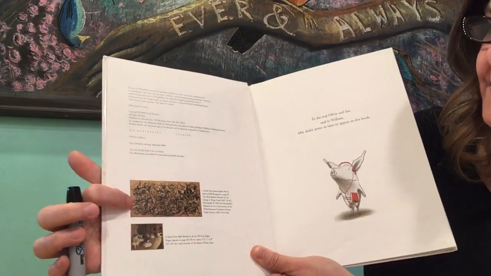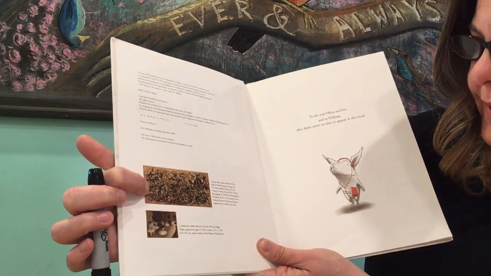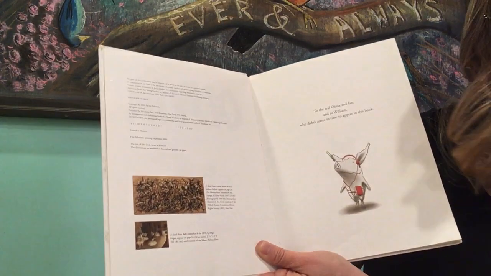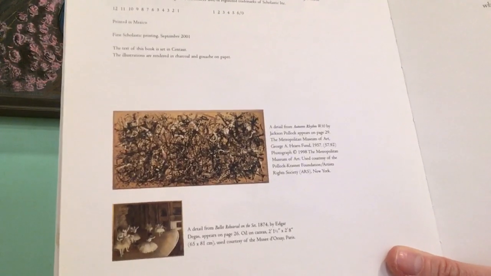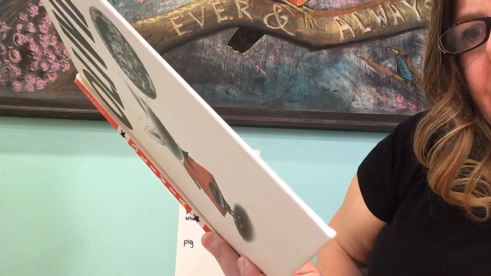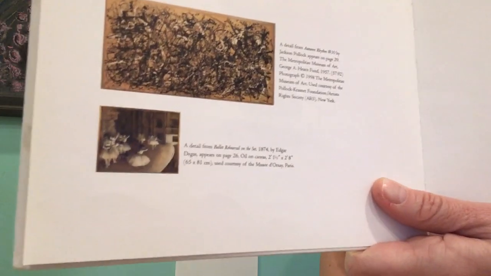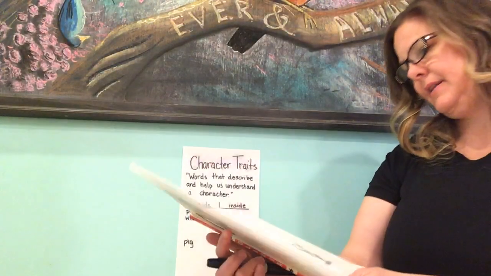This one is Jackson Pollock, A Detail from Autumn Rhythm, number 30, at the Metropolitan Museum of Art. So if you've ever been to the Metropolitan Museum of Art, then you may have seen that. And the other one is A Detail from Ballet Rehearsal on the Set, 1874, by Edgar Degas. And so those will both appear in this book.